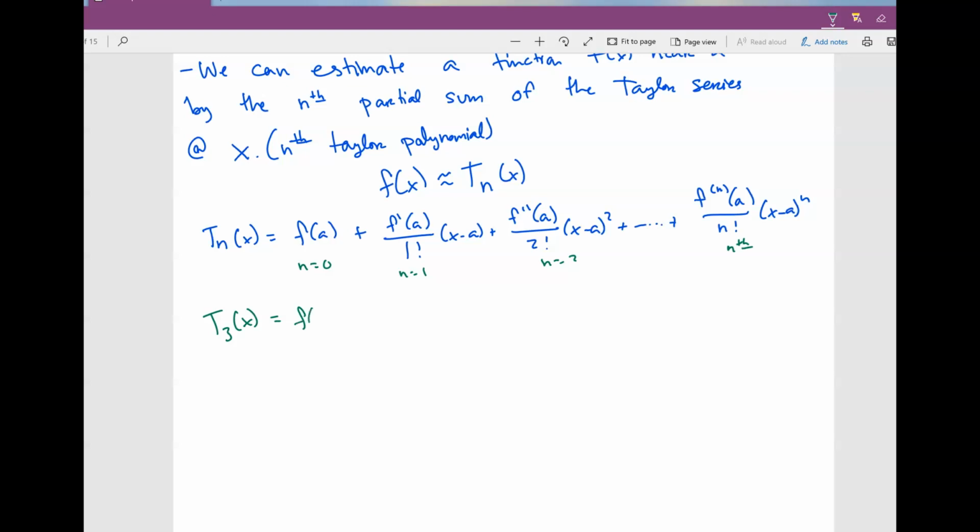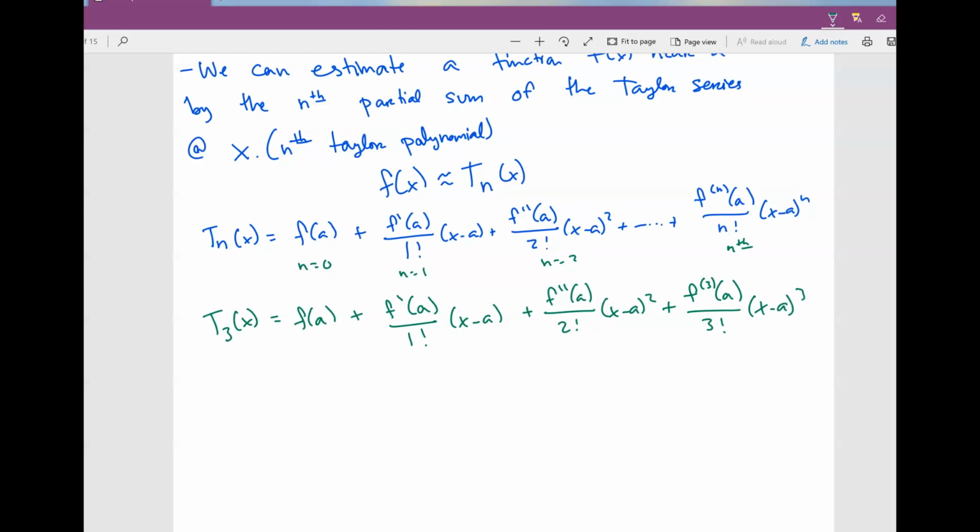You start off with f of a, that's n equals 0. Then n equals 1, so f prime of a over 1 factorial times x minus a, plus f double prime of a over 2 factorial times x minus a squared, and then plus the third derivative of f over 3 factorial times x minus a cubed.